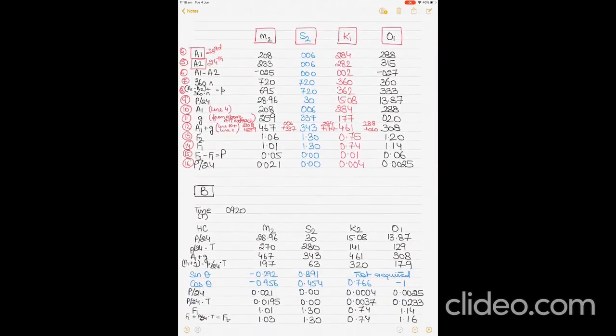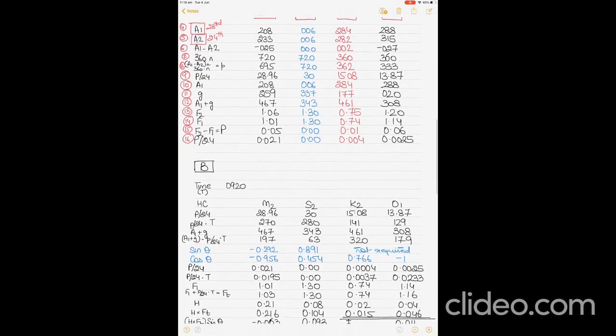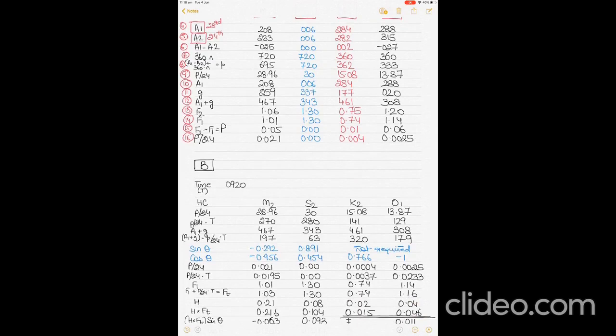So I have simply taken the values from above and put them in lines 13 and 14. I'll erase some of this so it doesn't become too cluttered and you don't get mixed up in numbers. So we have covered lines 13 and 14. Line 15 is basically F2 minus F1.